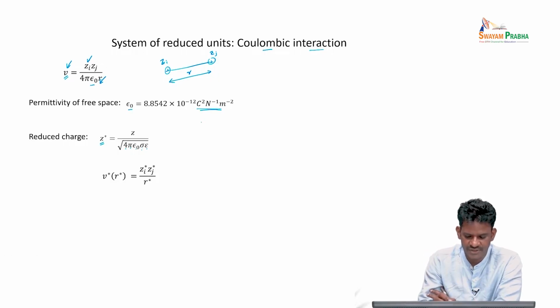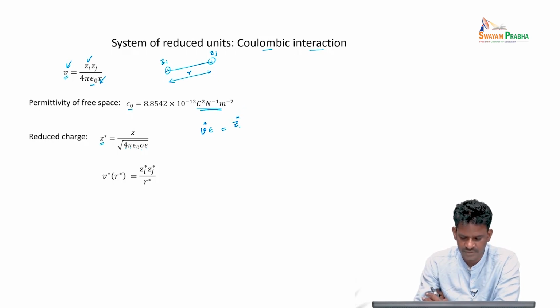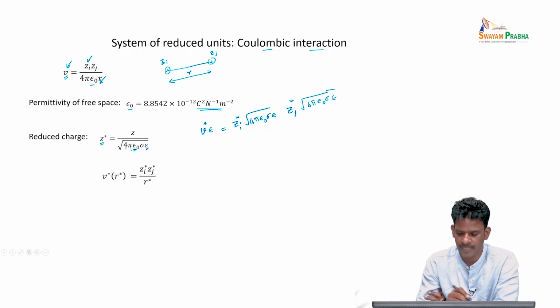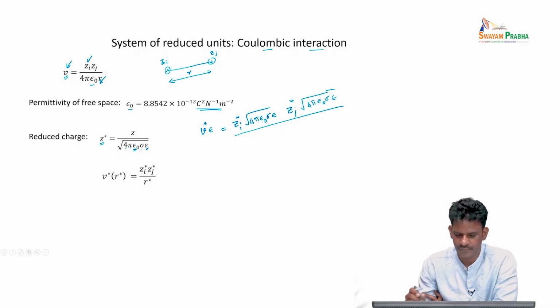So now if you take this expression, we write V as V star times epsilon. On the right hand side we write Z star i Z star j. Please note that this is the Lennard-Jones parameter and this is the permittivity, they are not the same. Okay.